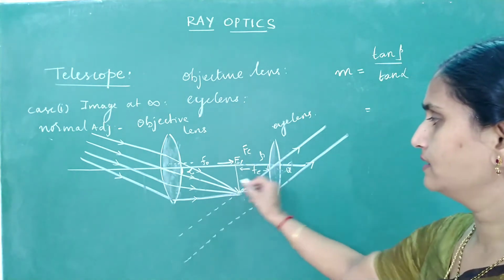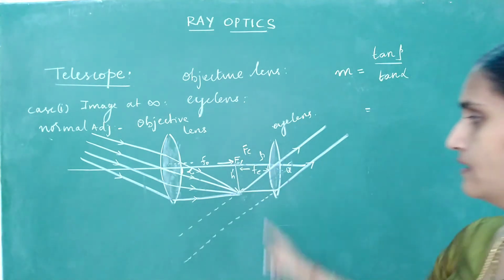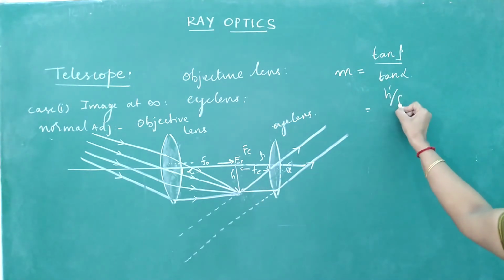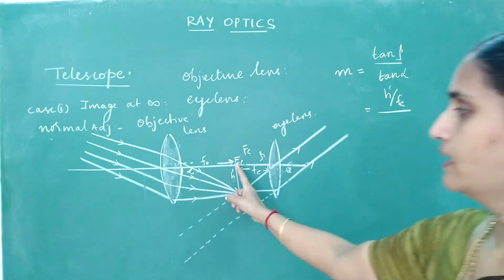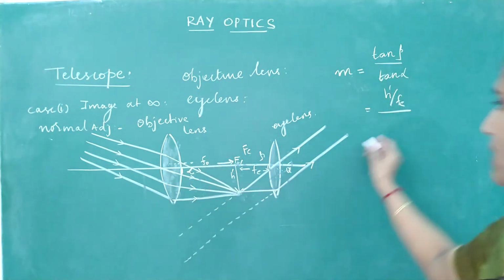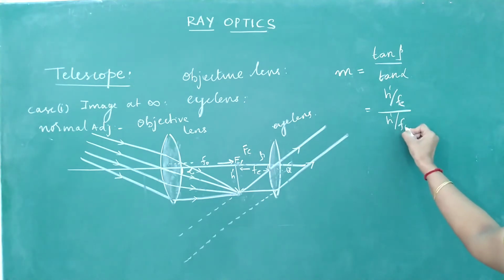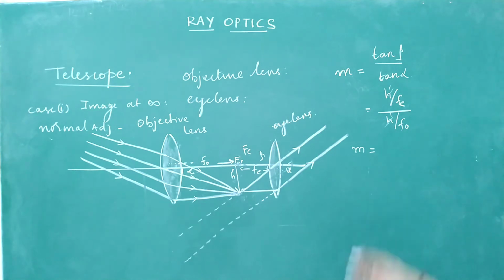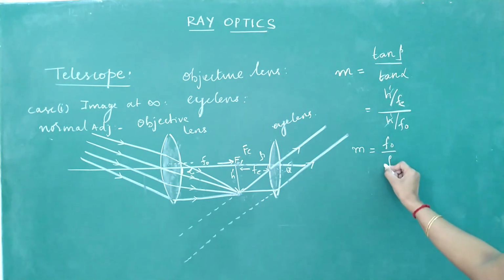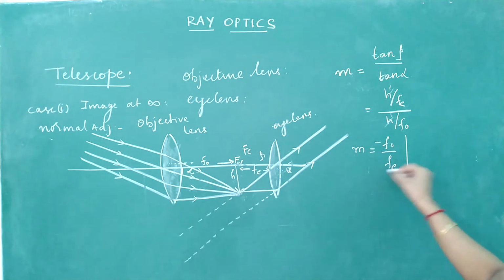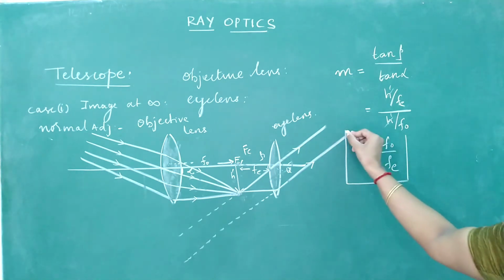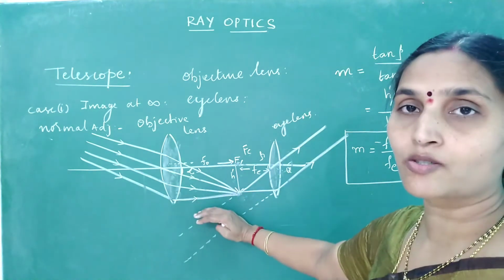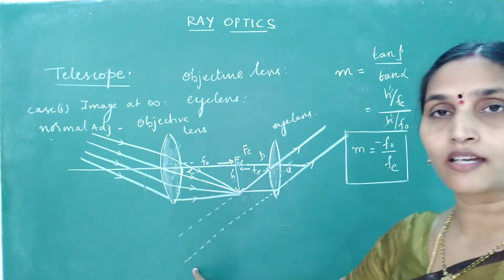From this triangle, if I take this as h dash, tan beta is equal to h dash by fe, divided by tan alpha, which is equal to h dash by f naught. So what is the magnification equal to? h dash will anyway get cancelled. Is it f naught divided by fe? We give a minus sign to show that the final image is inverted. So this is the magnification produced by a telescope when your image is at infinity.